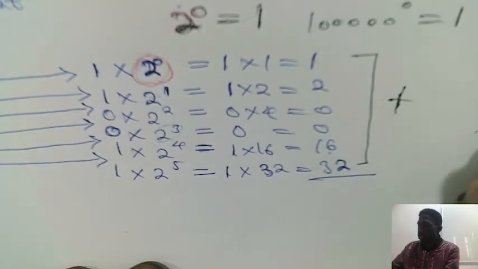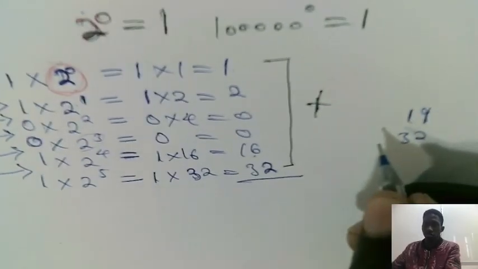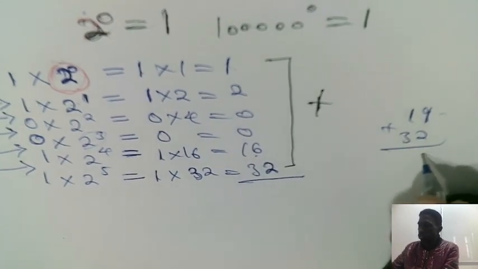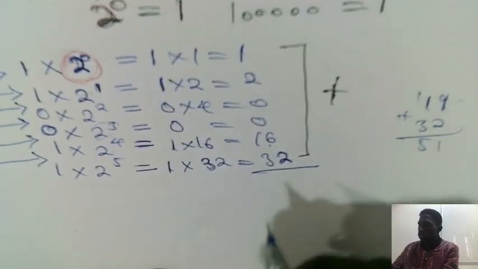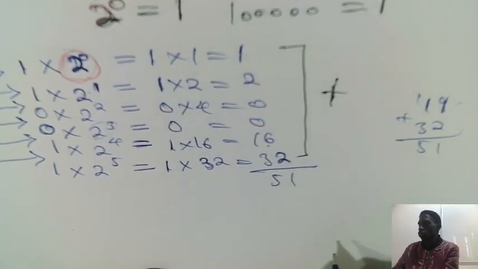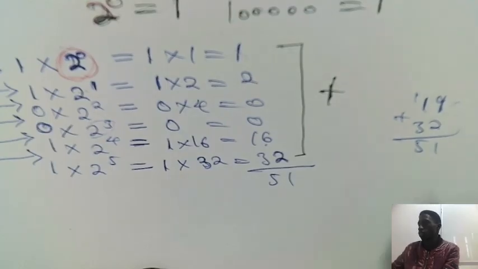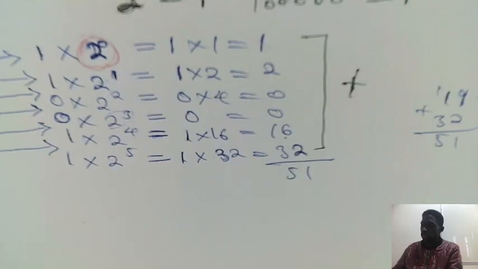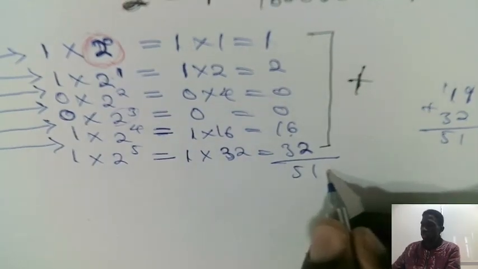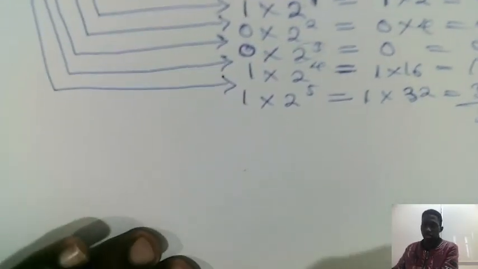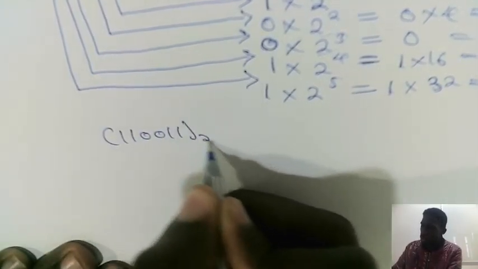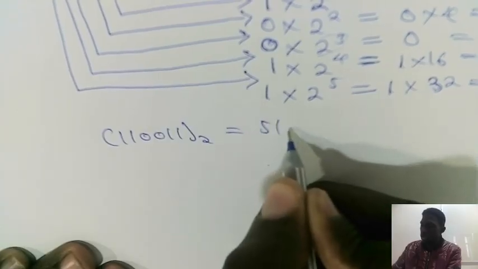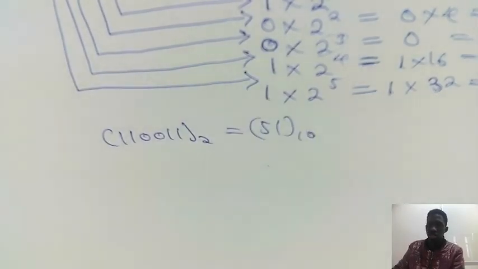So I have 19 plus 32, which gives me 51 as my final answer. So 51 in base 10. That's my answer. So I can now write that 110011 in base 2 is equal to 51 in base 10.